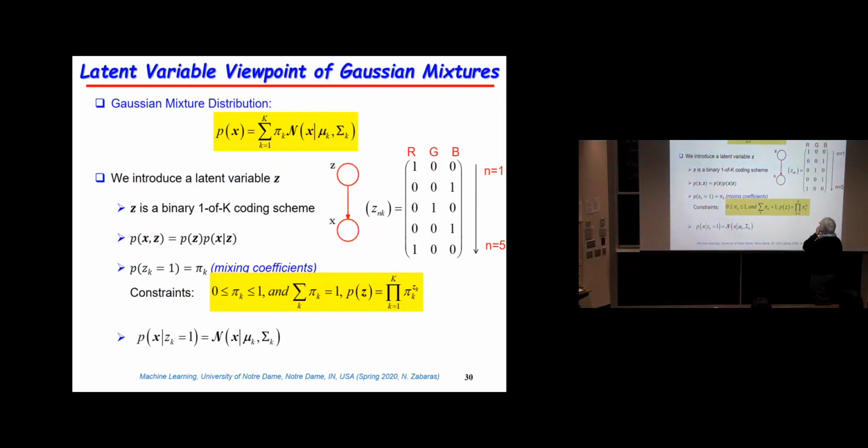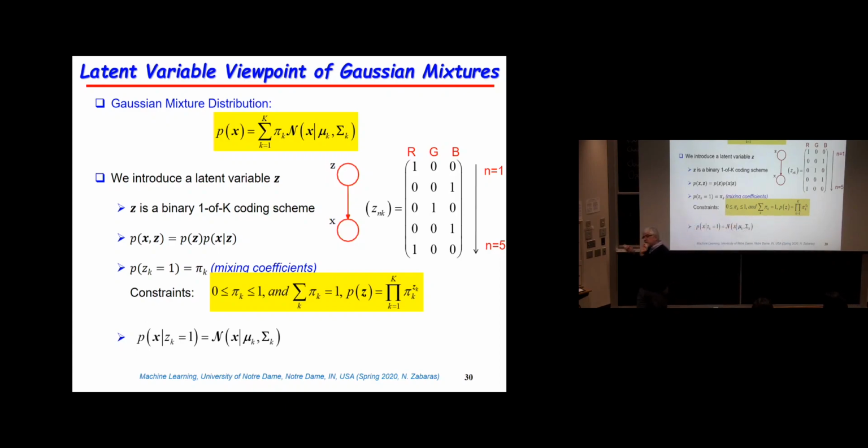Okay? All right, and then I have a prior on z, and I want you to look at this equation and feel comfortable with it. We have seen this prior written before many times. It's the product over all classes, in this case I have 3 Gaussians, so k from 1 to 3, of pi k to the zk. Do you agree?